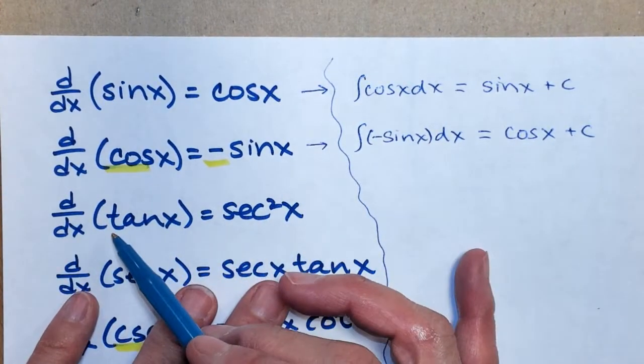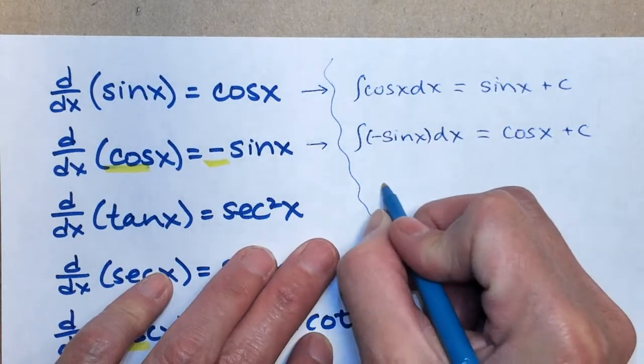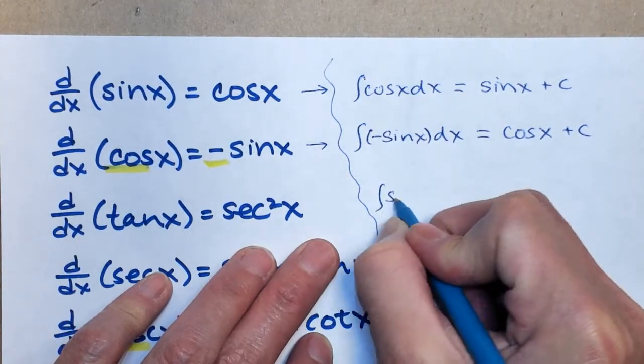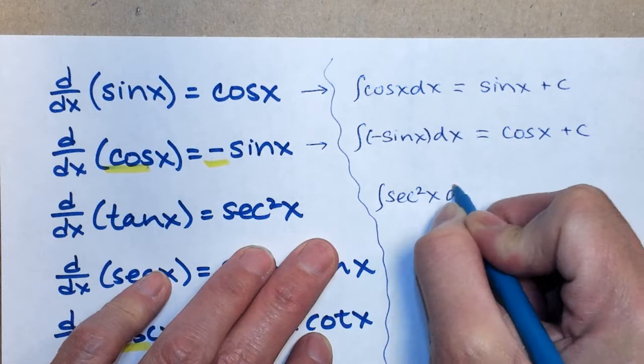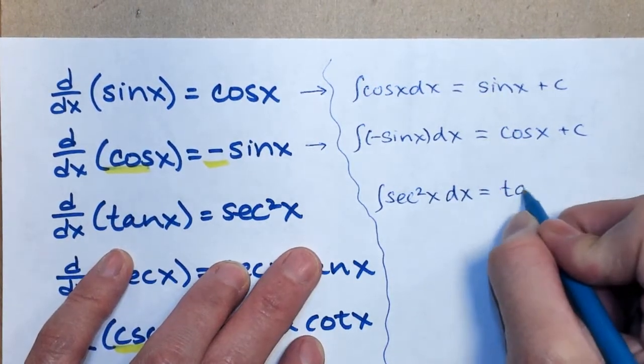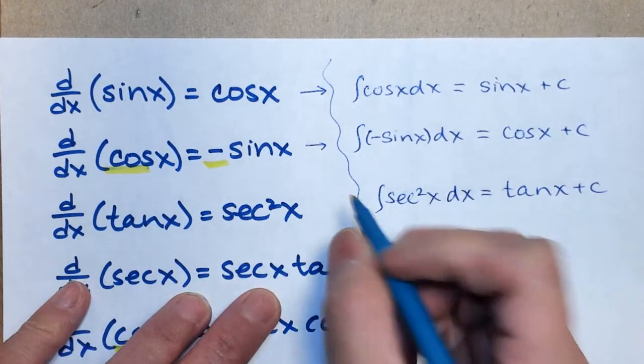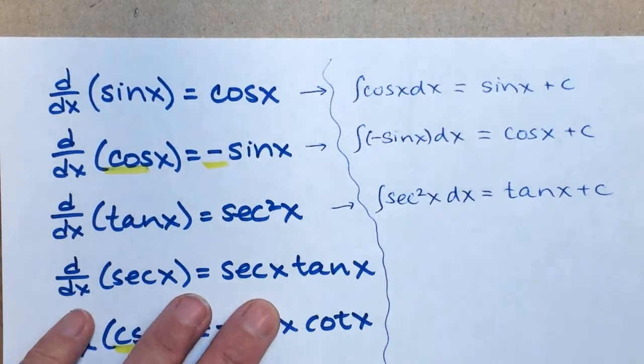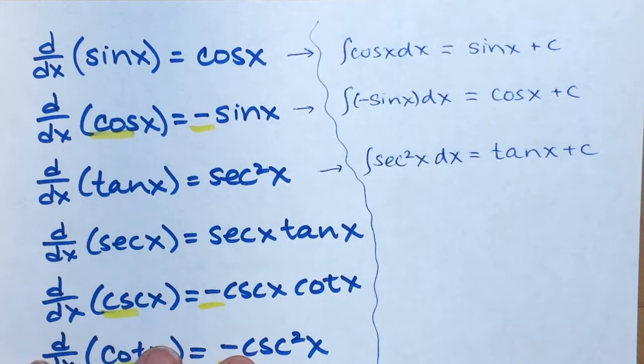So if you can take the derivative of a function and get some other function, then you can integrate that other function and get your original function back. Okay, so I just used the first three, but integration and differentiation are inverse operations.